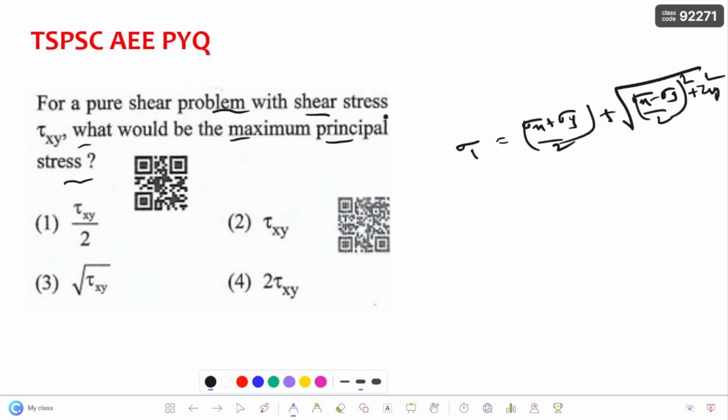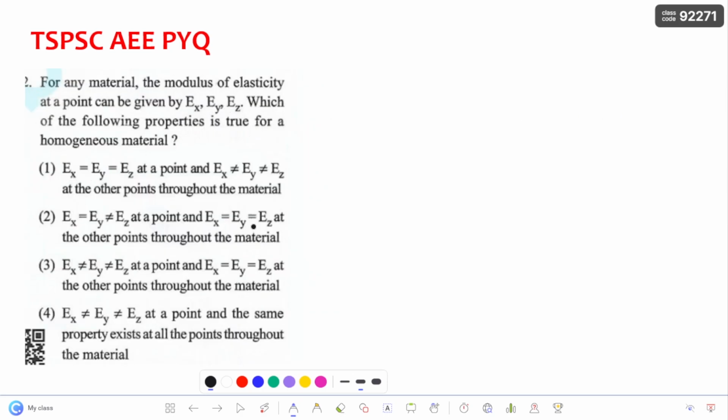Here he is telling about pure shear. Pure shear means sigma x, sigma y are 0. That means only tau xy will be there. If you solve this one, you will get tau xy. What would be the maximum principal stress? That should be equal to tau xy. Yes. Coming to the other question.